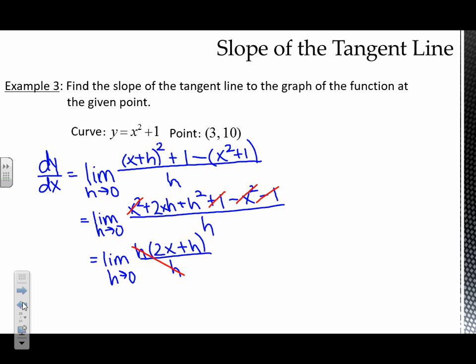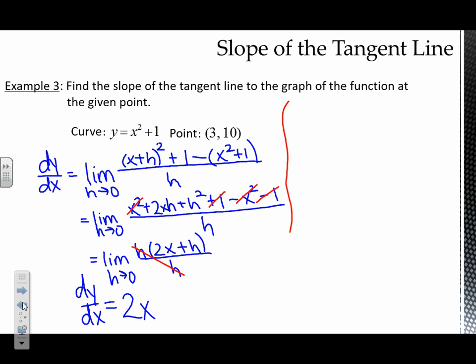If we plug 0 in for h, we're left with 2x. Our derivative is 2x. Now what I want is for us to evaluate our derivative at the point (3, 10). (3, 10) is a point on this curve.